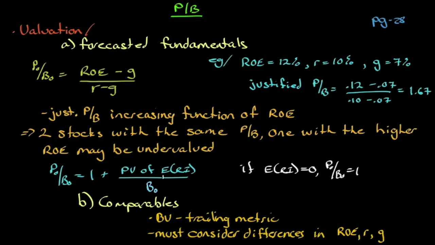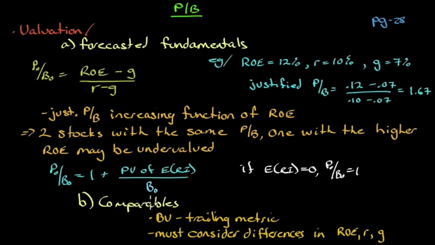In other words, it will justify a higher price relative to its book value. So here I've written, if the expected residual income equals 0, then price to book equals 1. We'll see more of this in the reading on residual income, but we get what residual income is, so this is a fairly straightforward statement.